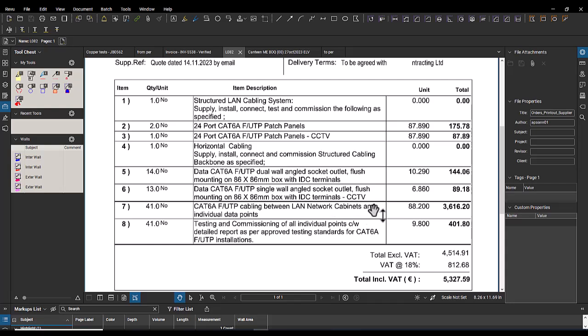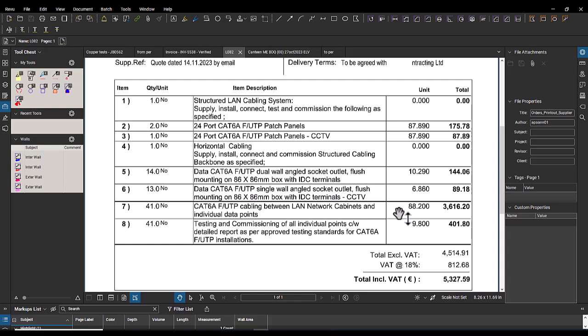So here you can see that this is the cable, but it's coded as per points. So there are 41 points from cabinets to individual data points.